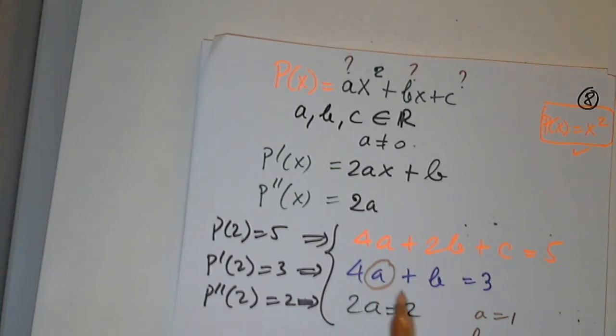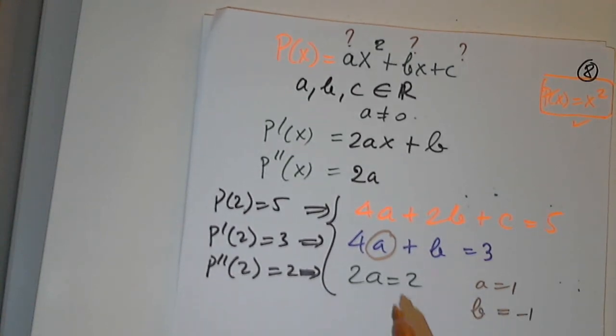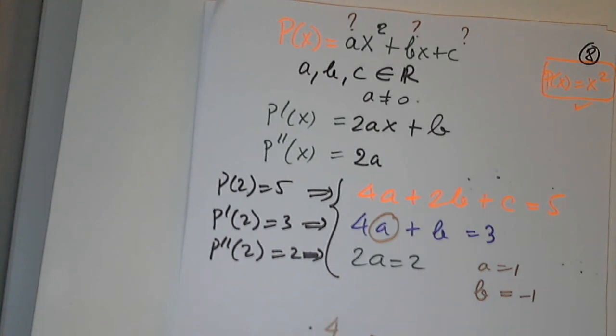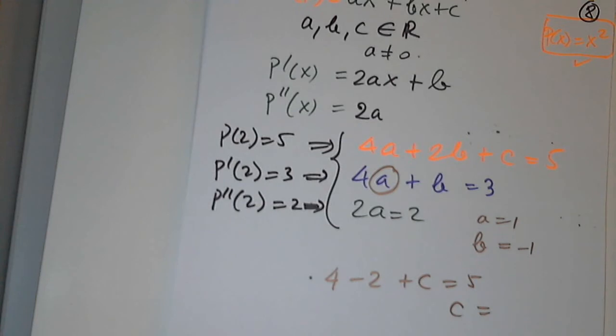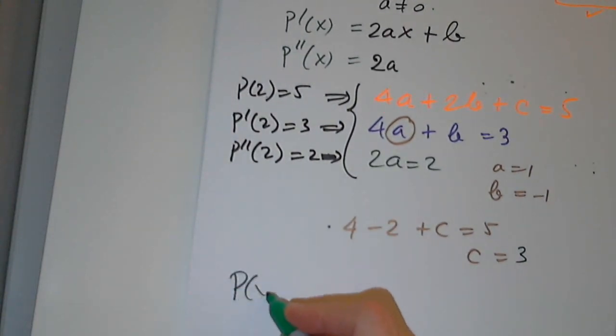Oh, wait, no. It's -1. Perfect. And now replace A and B in the first equation and give me C. So that would be 4 minus 2 plus C equals 5. And how much is C? Indeed. Great job. So can anyone dictate the unique polynomial, completely fully defined by these coefficients A, B, and C?